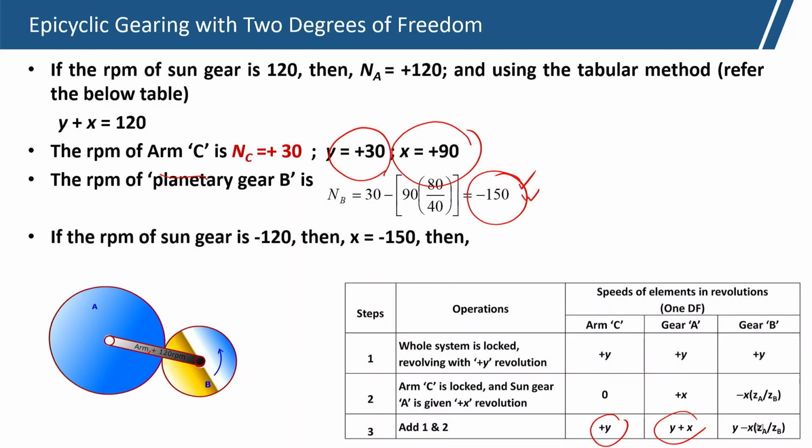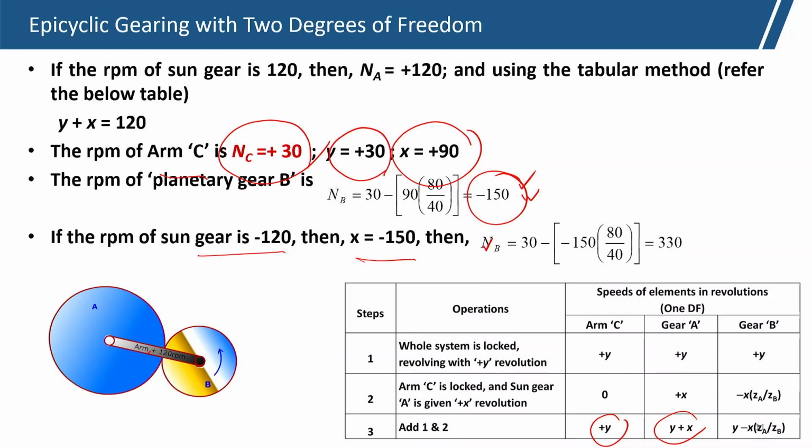So, if the sun gear is in the negative direction, minus 120, then x will be minus 150, because Nc is 30, that is y is 30. So, it will be minus 150 in that case. The only thing is that here the sun gear has changed its direction. It is rotating at 120 rpm, but in the opposite direction.